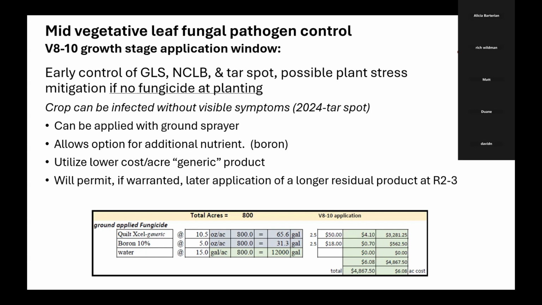I think it's cheap enough. I wouldn't go with the lower rates the way they promote it. Throw in a half rate of the boron, 10% product, with 15 gallons of water going there.